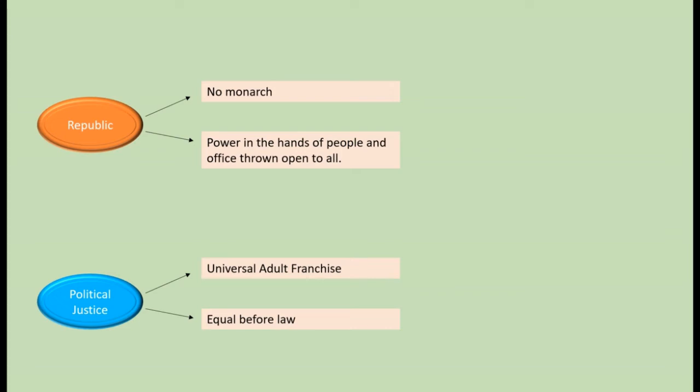Sixth, political justice. Political justice stands for one man, one vote. Political justice stands for universal adult franchise. Thus, every adult citizen above the age of 18 years enjoys the right to participate in the political affairs without discrimination, that is, equal before law.